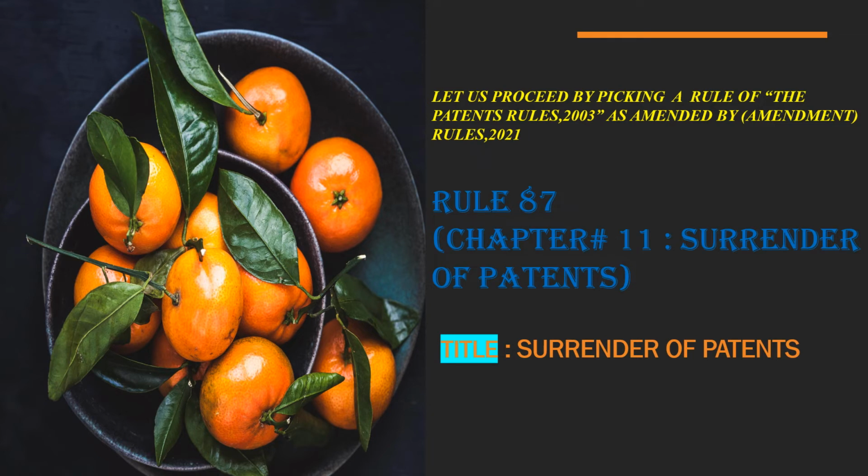You can see one thing in common, that rule number 87 has the title Surrender of Patents. That means the title for rule number 87 and the title for chapter 11 are the same, surrender of patents. So easily we can remember this. Let us proceed.